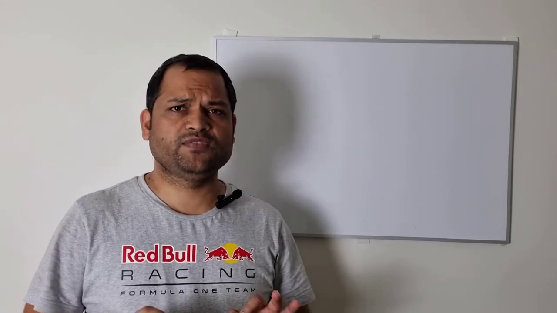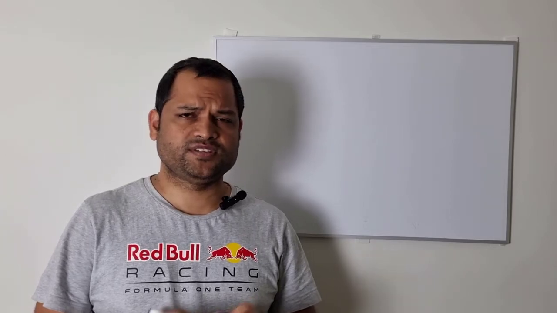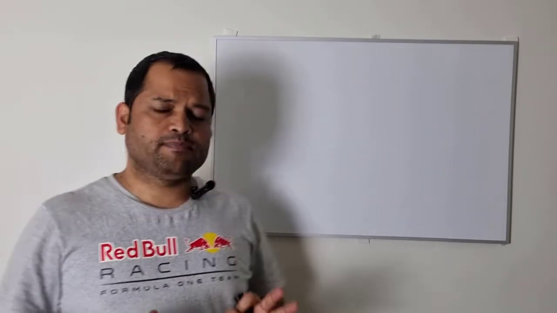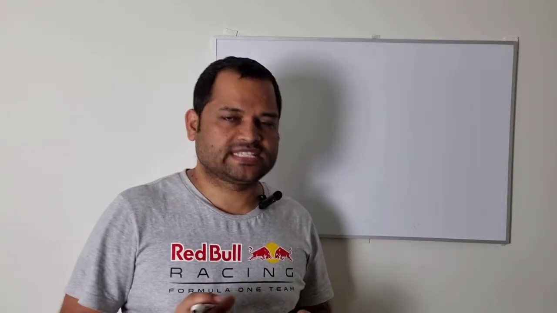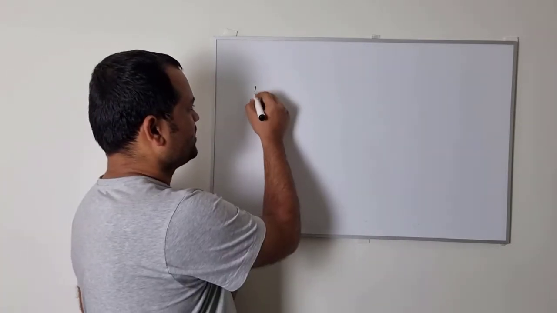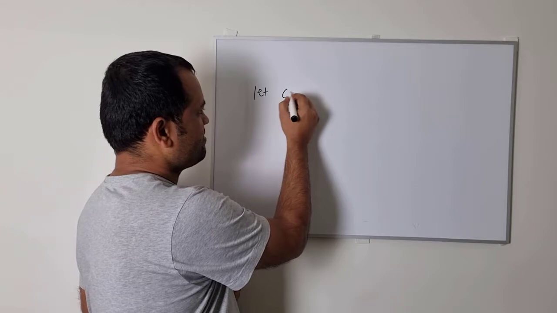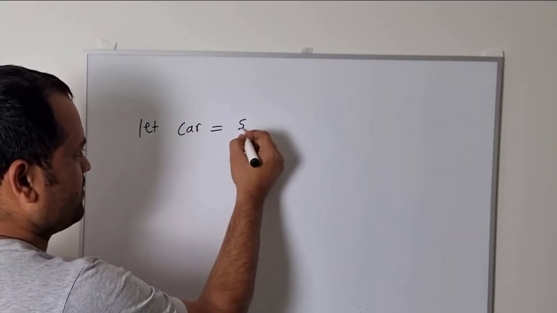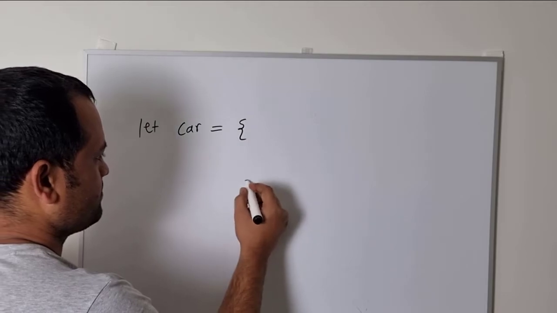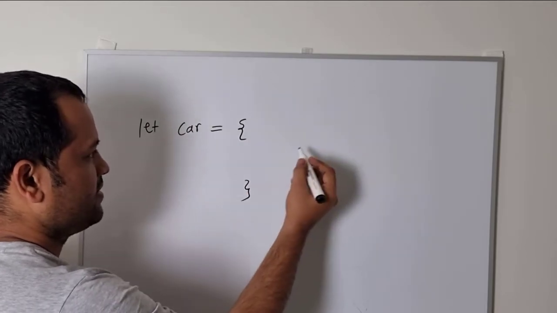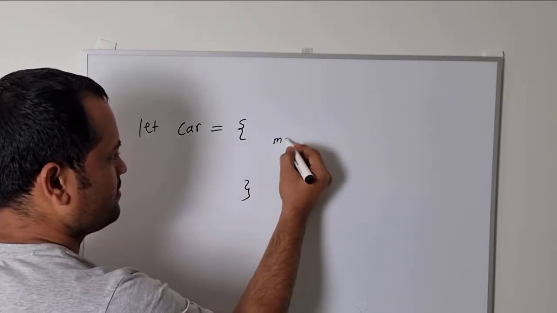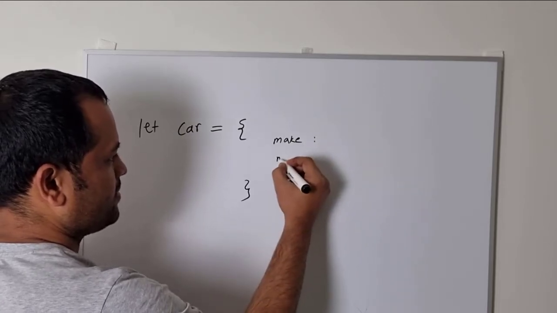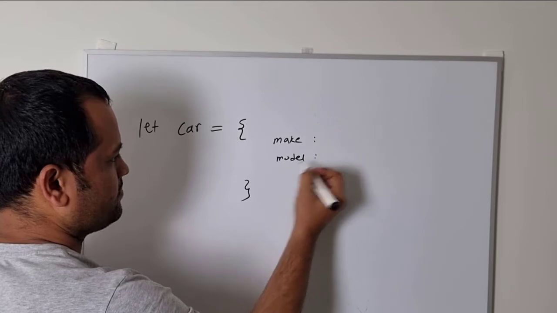So the simplest way in which you can create the objects in JavaScript is using the literal syntax. Say for example, you want to create one object called car. So we can do it like this: let car is equals to, and then curly brackets, then properties, for example, make, model, and year.